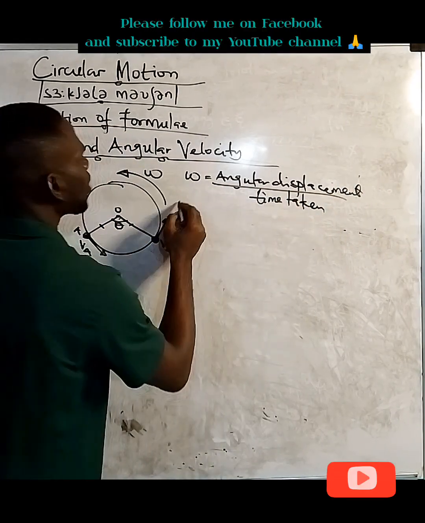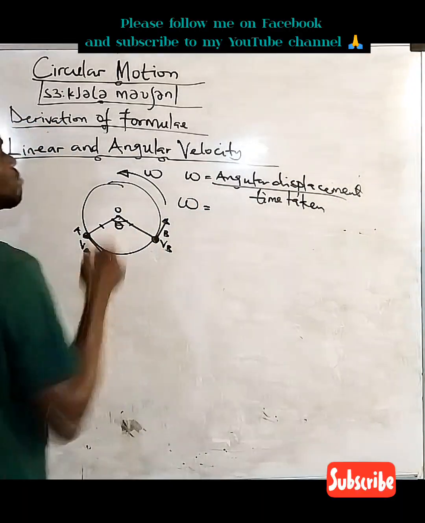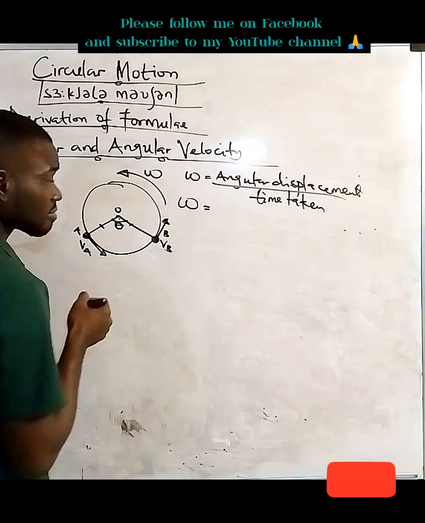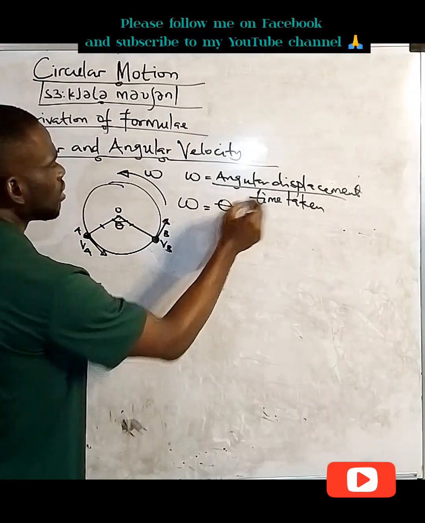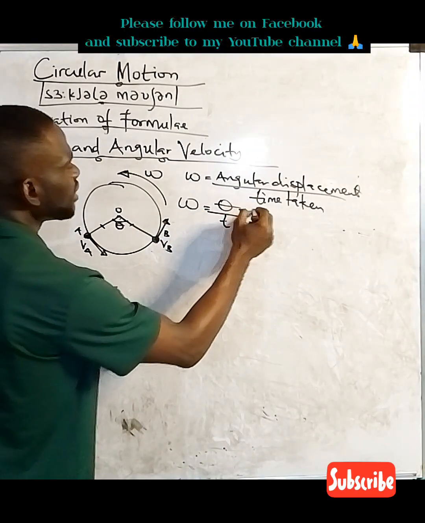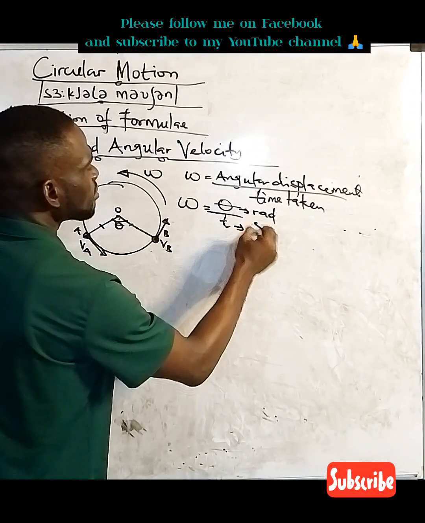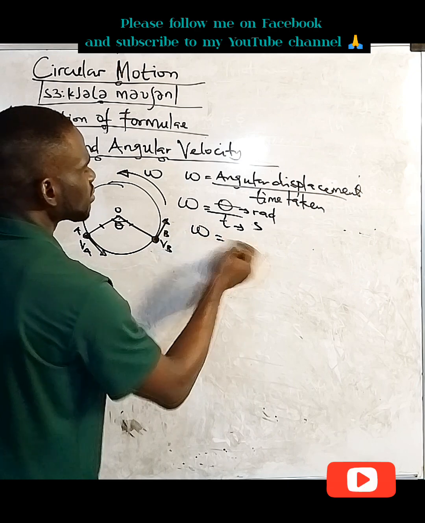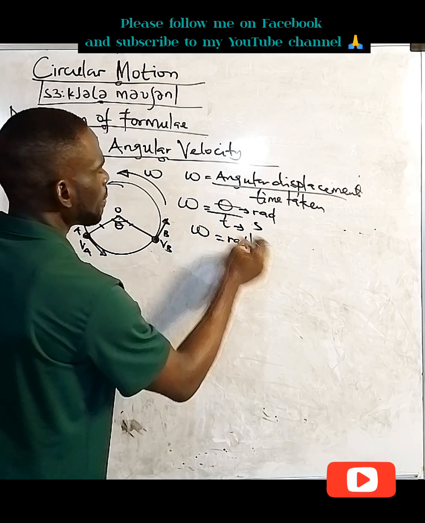So angular velocity denoted by omega is angular displacement, theta, over time taken. Now theta is in radians, rad, time is in seconds. So angular velocity is always in rad per second.